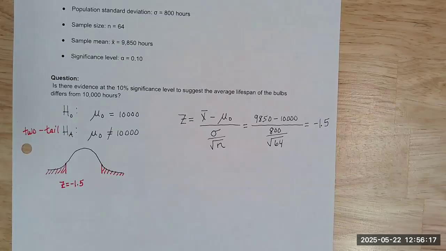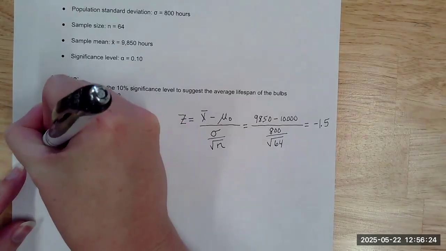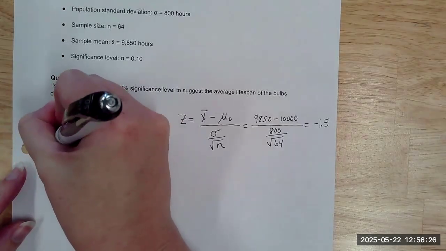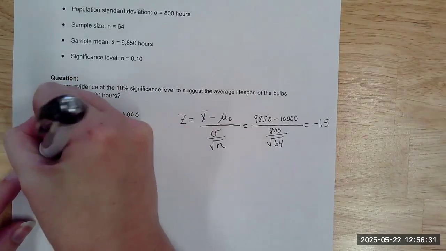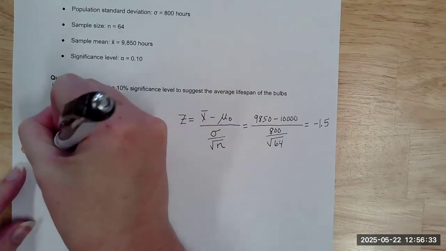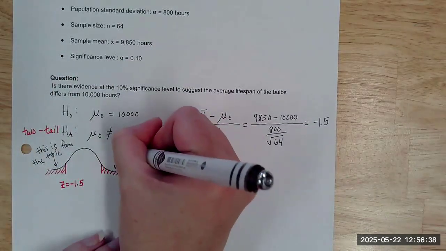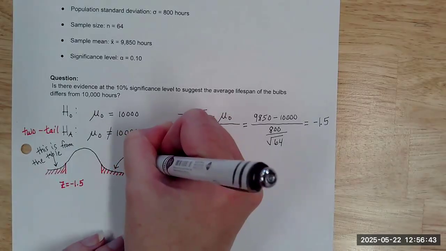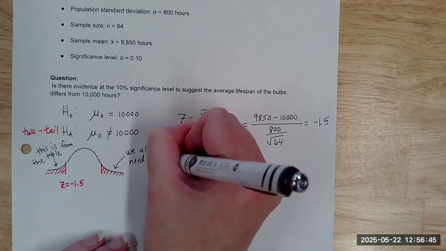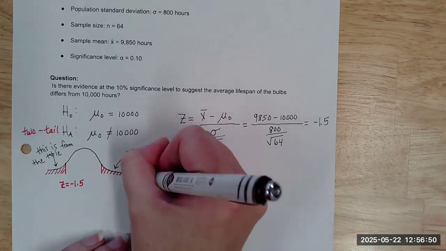Okay, so I'm going to try and label this and say, this will come from the table. And then we also need this area. So we'll multiply by 2.